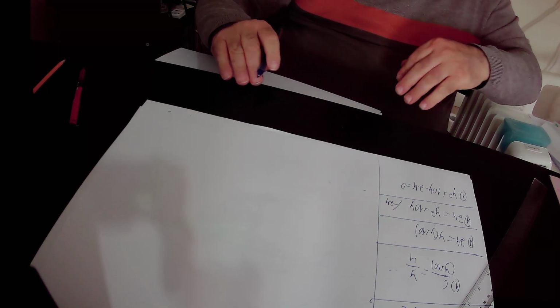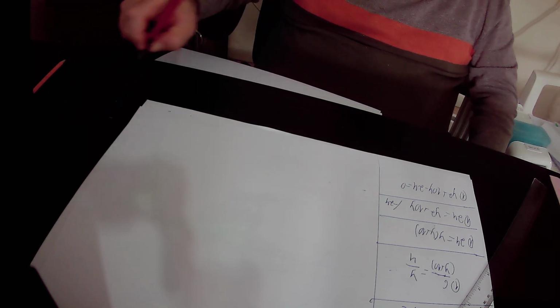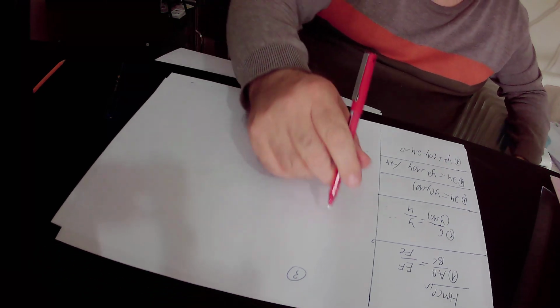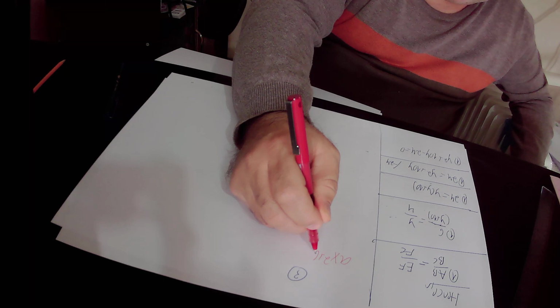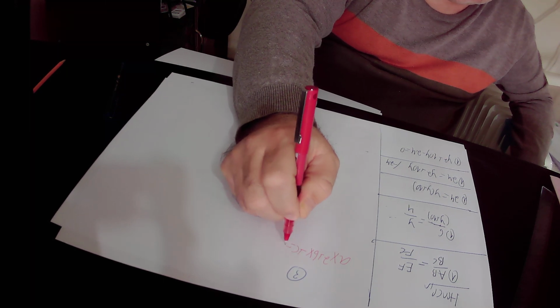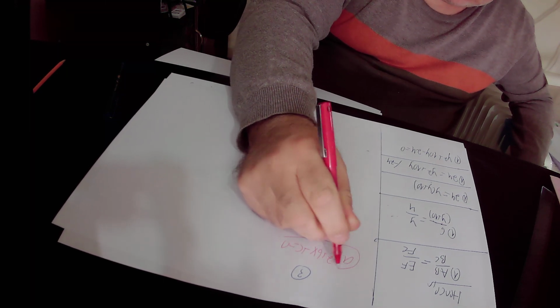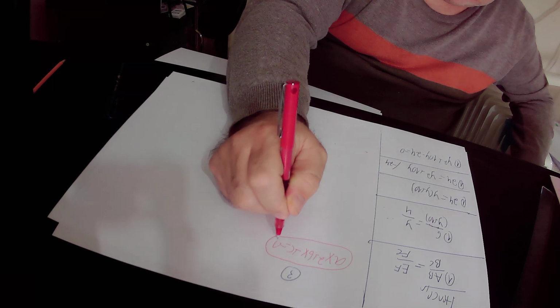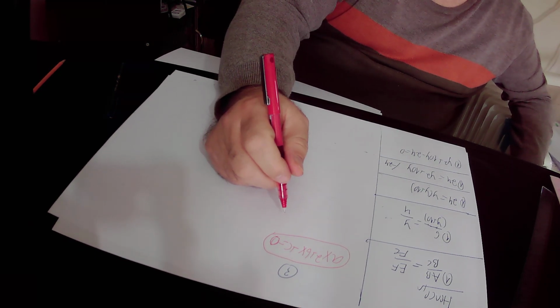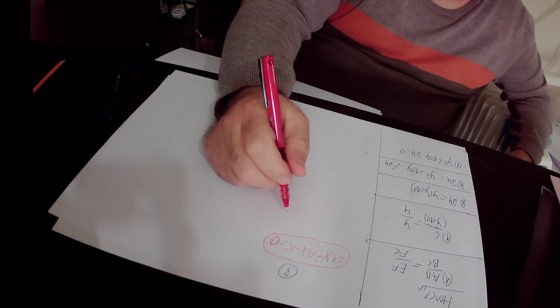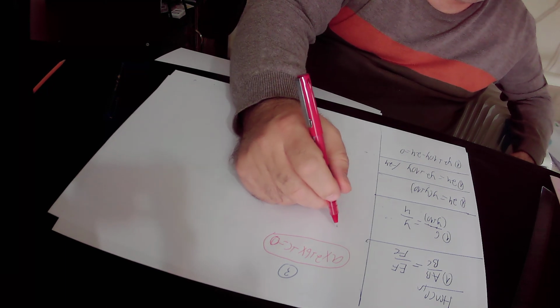So here we got the quadratic equation, and the general form of a quadratic equation is ax squared plus bx plus c equals 0. Here a, b, and c are the coefficients of the quadratic equation, and x is the variable that we are looking for. And we find out the value of x according to the following formula.